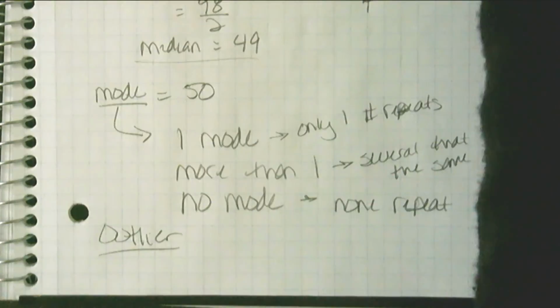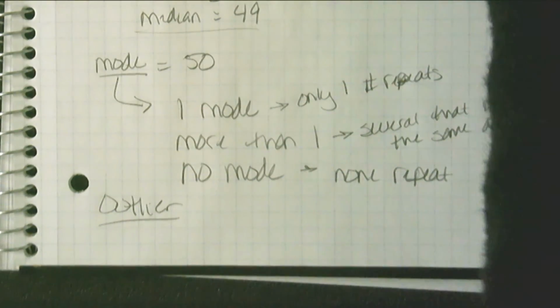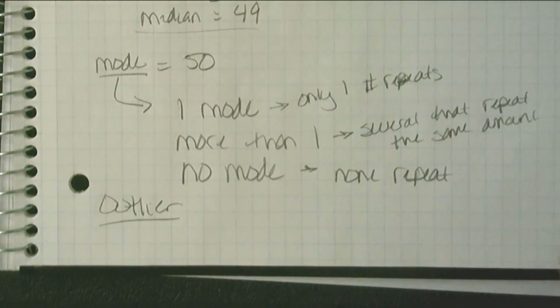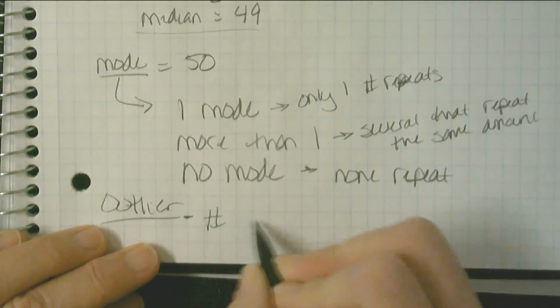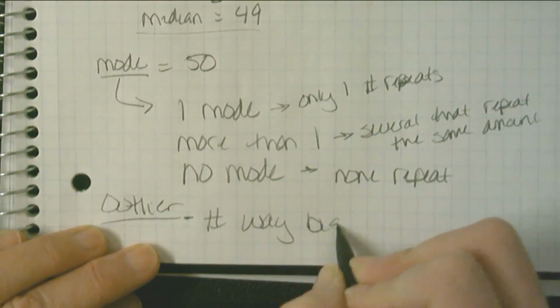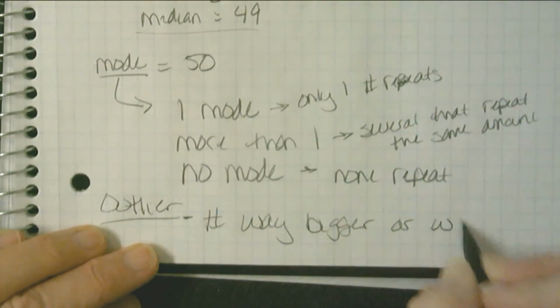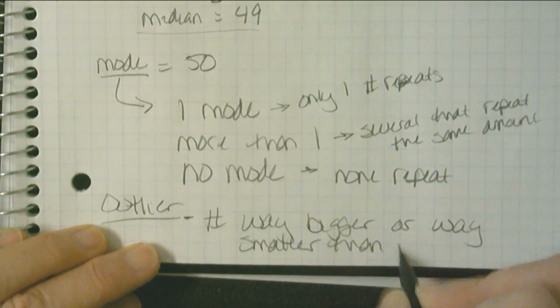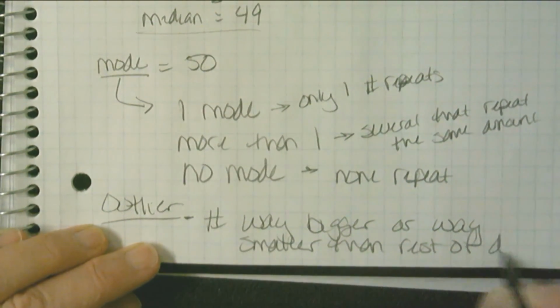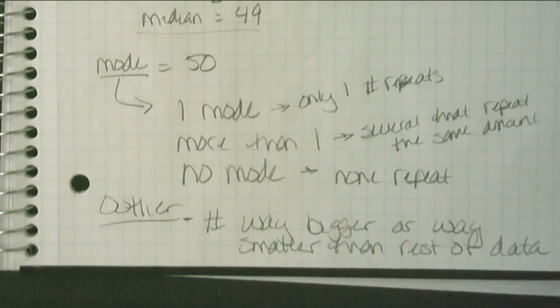What is an outlier in a group of data? What's an outlier? Jack? A number that is far away from the other. Yeah, so this is a number way bigger or way smaller than the rest of the data.